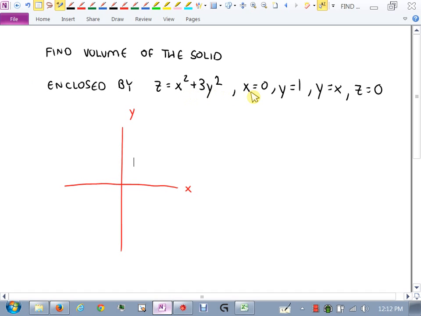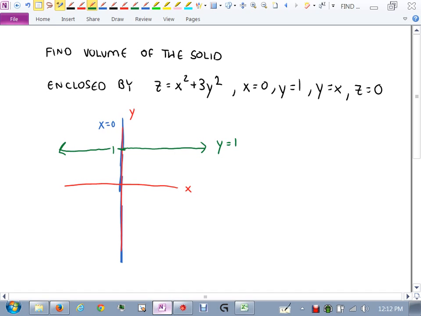z equals 0, we said, was the ground. Sorry, I meant to say z. x equals 0 is the y-axis. This is x is 0. Then y equals 1. That's y equals 1.